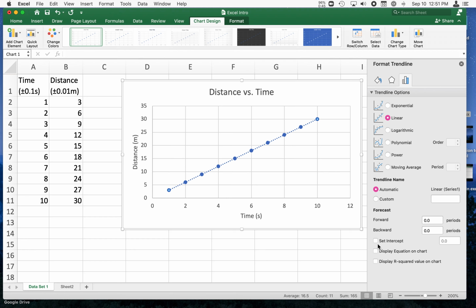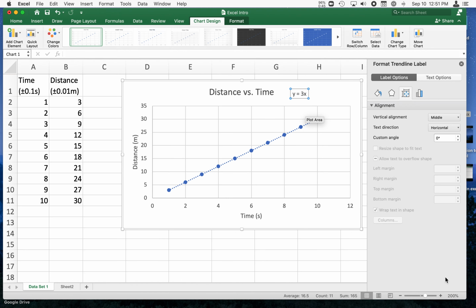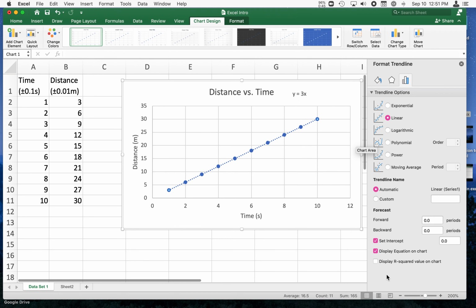And from that, the whole reason that we're using Excel really is these 3 things. All right? I can set the intercept to 0, because there are a lot of times that you're going to want to do that. I can display the equation of the trend line. And then I can also display R squared value.